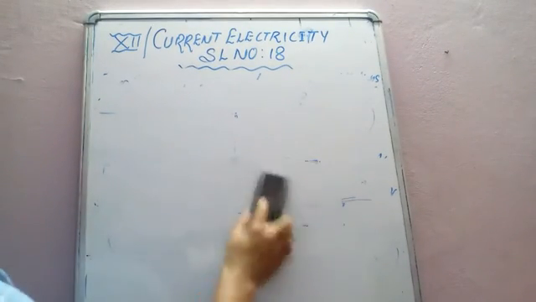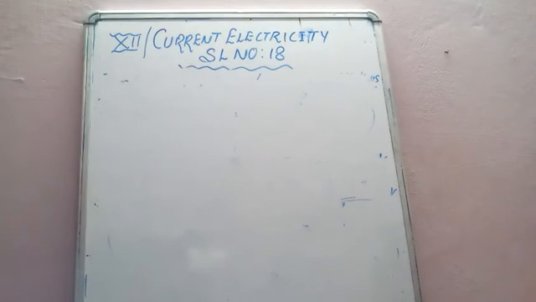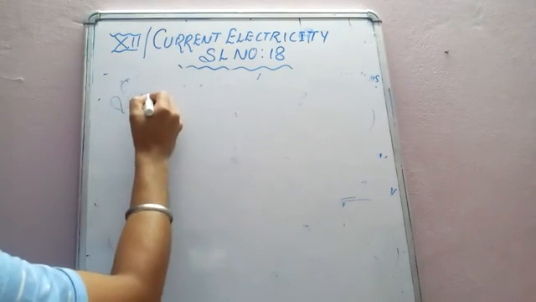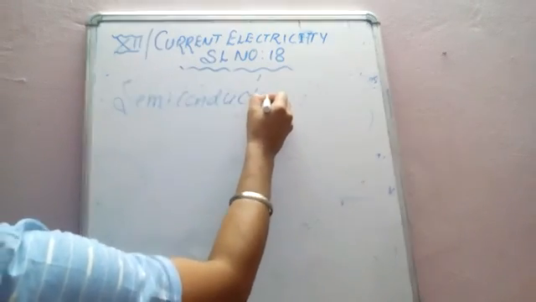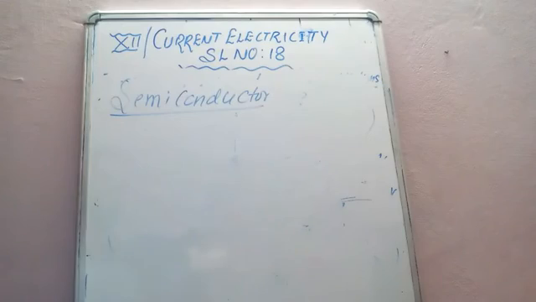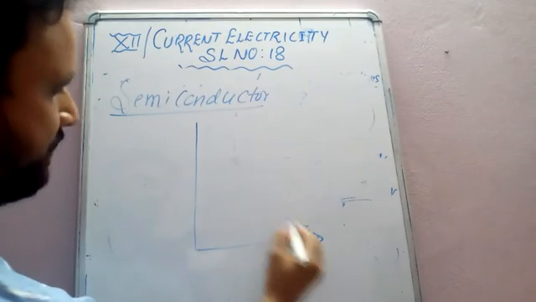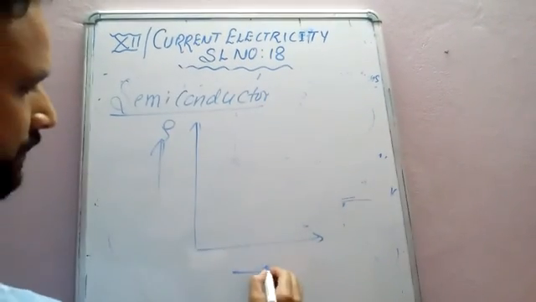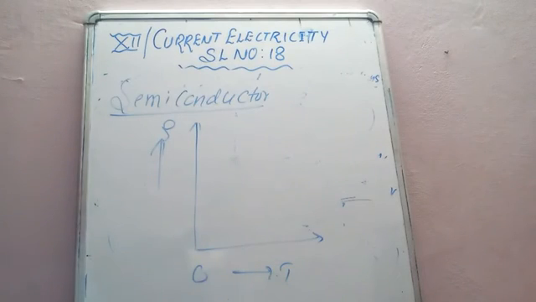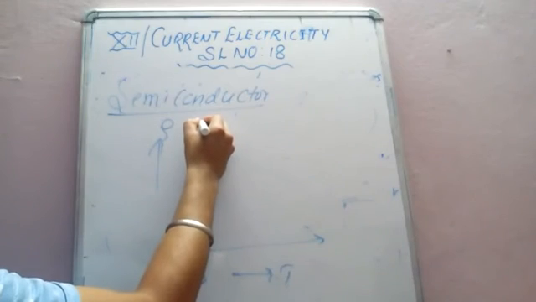The last one is nothing but semiconducting material. Very important, that is semiconductor. The behavior of a semiconductor is totally different. Now let's take, according to NCERT, this resistivity versus temperature curve. The behavior of the semiconductor is like this.